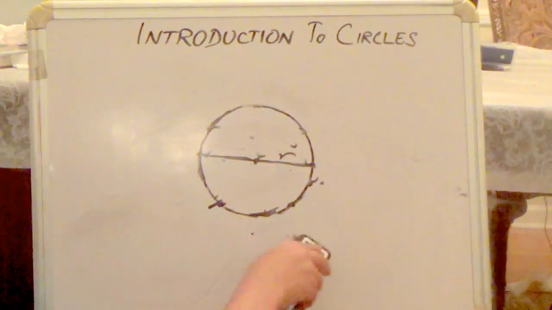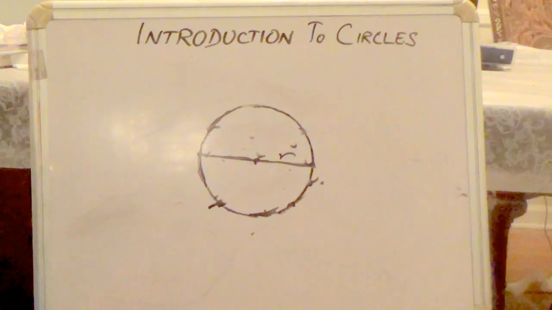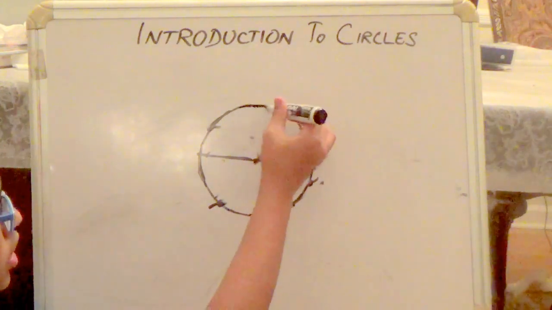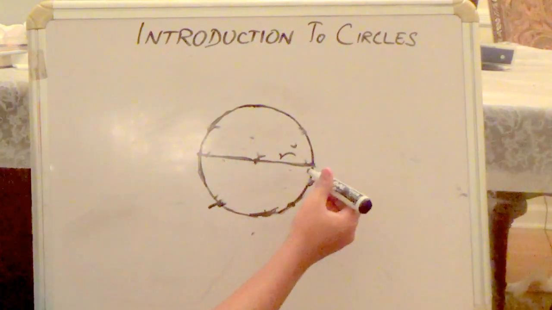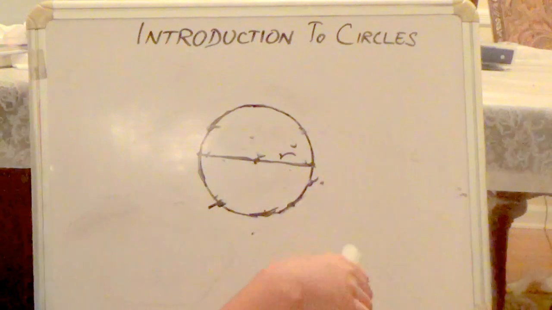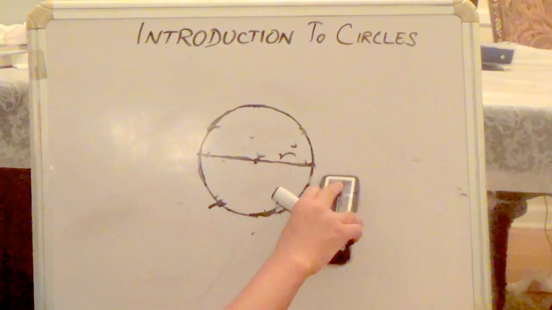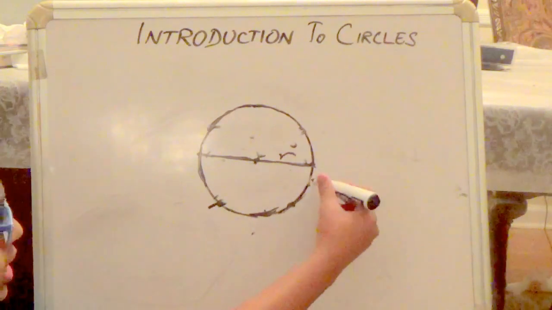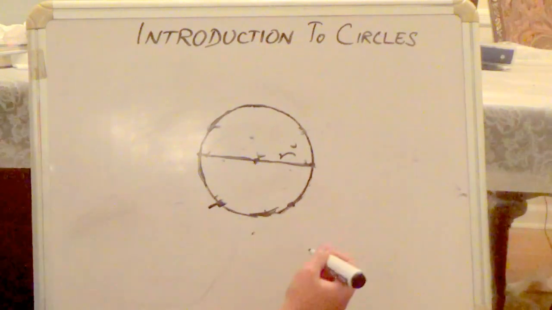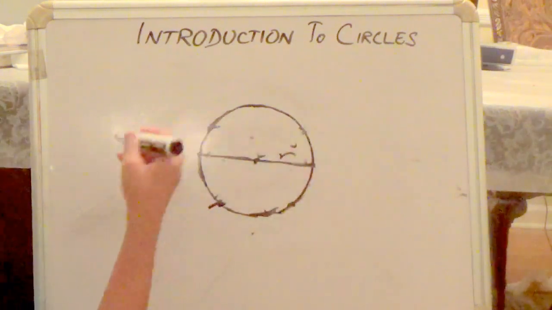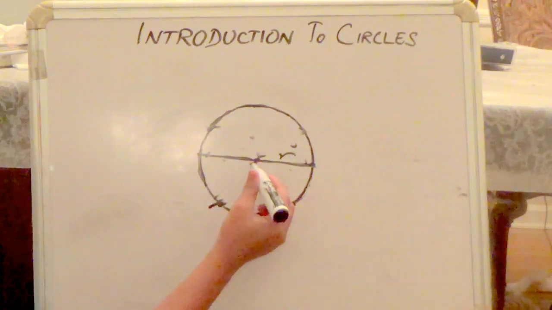New topic. Still relating with circles. You may have not heard of this, but an arc is part of the circumference and a sector is part of the area. Those concepts will be very important, but for now, let's just focus on something called degrees. So, a circle is measured in degrees.